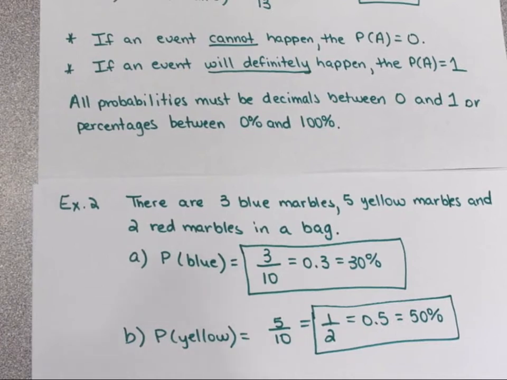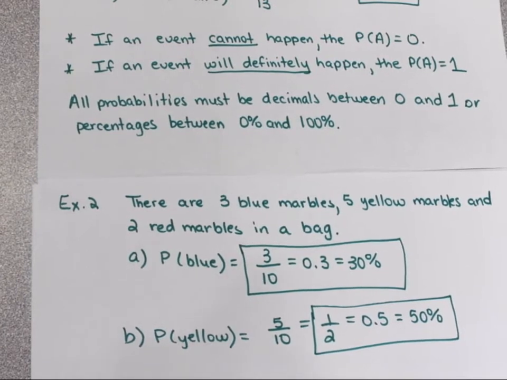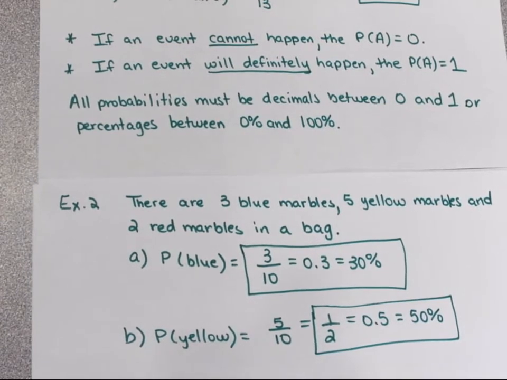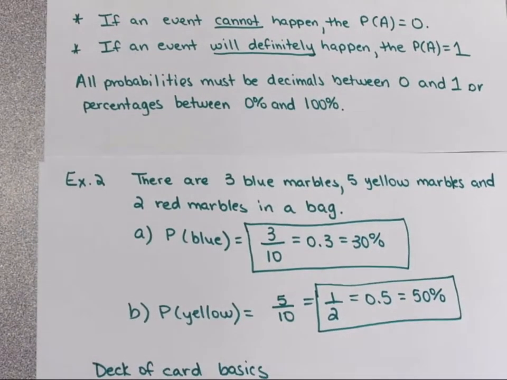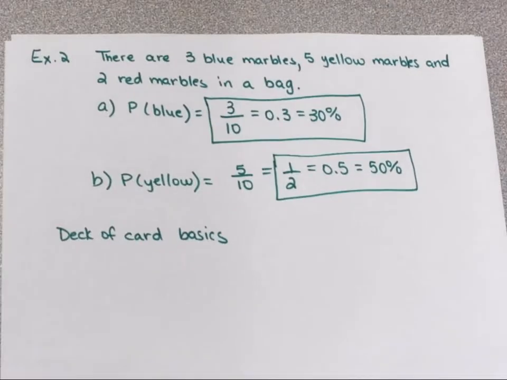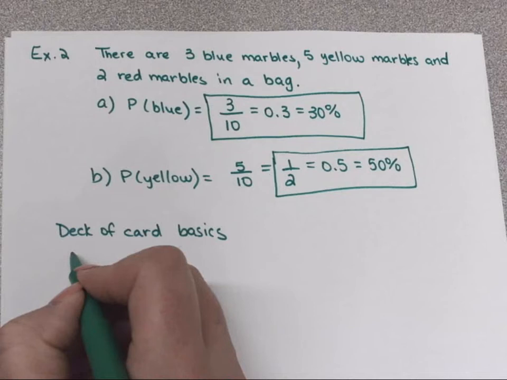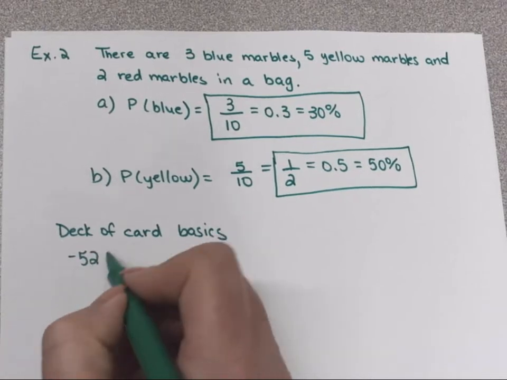Before we do, I want to look at some deck of card basics before we look at the next few examples, because I'm not assuming that you have a lot of experience with a deck of cards. A lot of times you'll see probability questions referring to that because the textbook kind of assumes that you've played a game of cards before in your life. But if you haven't, that's not the end of the world, so I'm going to give you the basics here.